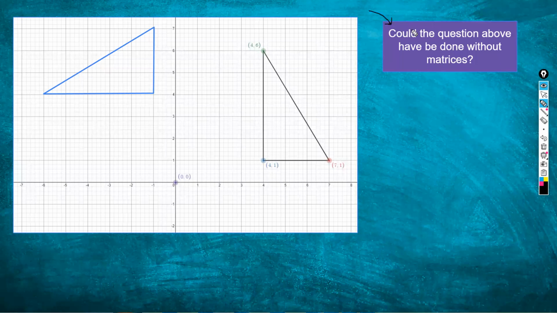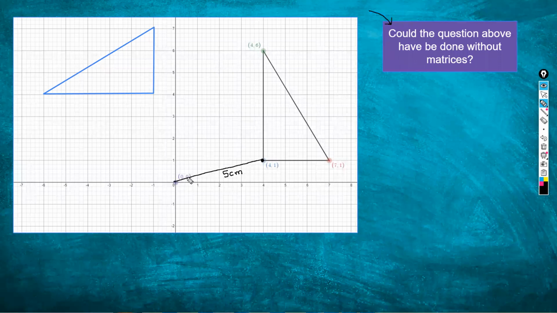And the answer is yes. If you wanted to rotate this by 90 degrees anti-clockwise without using matrices, all you would have to do is take one point connected to the origin and measure the length of this line. Let's just say for simplicity's sake, the length of this line was 5 centimeters.